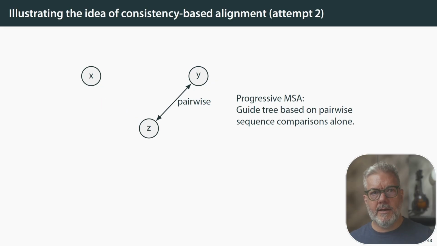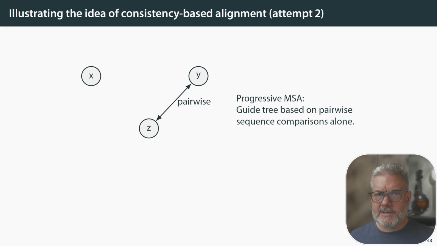And when you're looking at z and y, you're not looking at anything from sequence x. That's how progressive alignment works. That's how Clustal works. It builds the guide tree based on the pairwise comparisons alone, even though we can tell from that first one that they're connected.